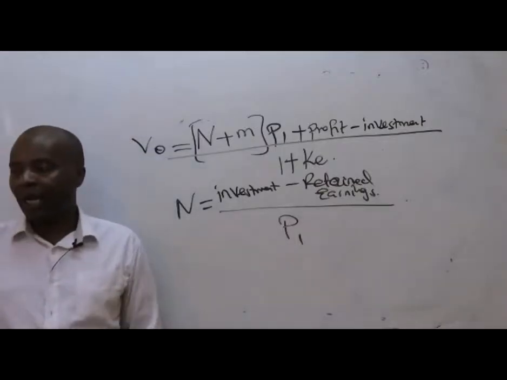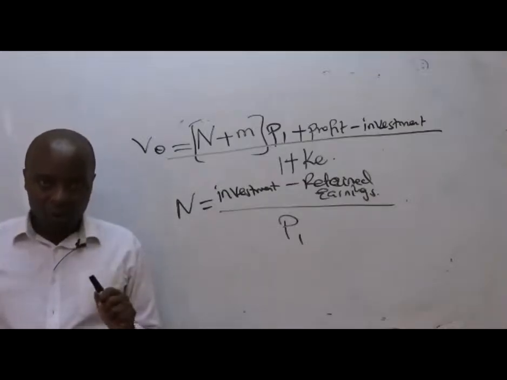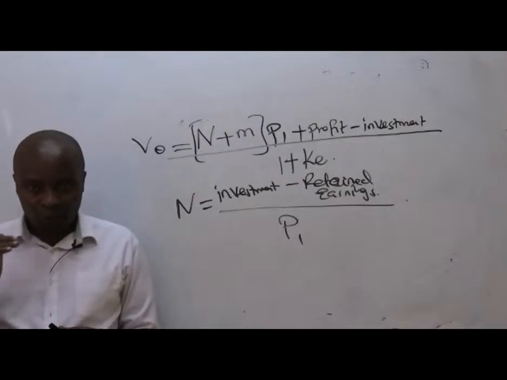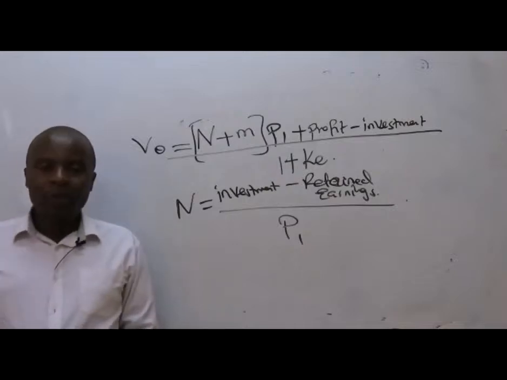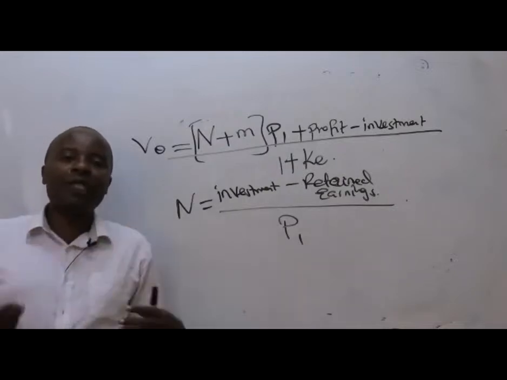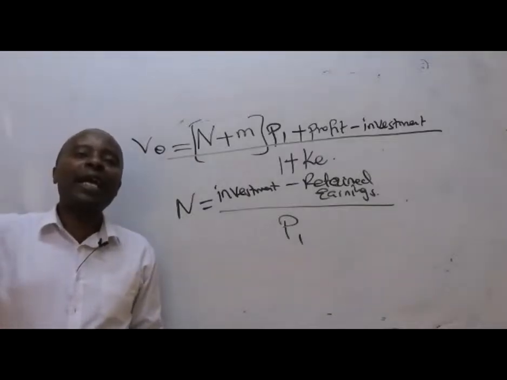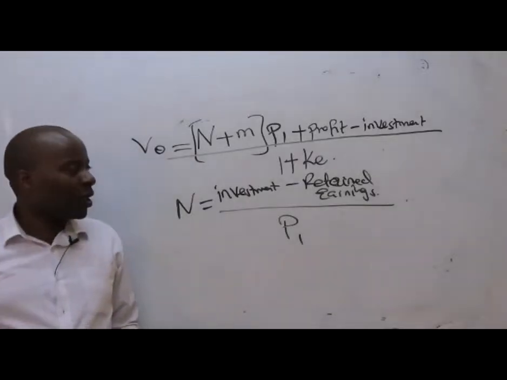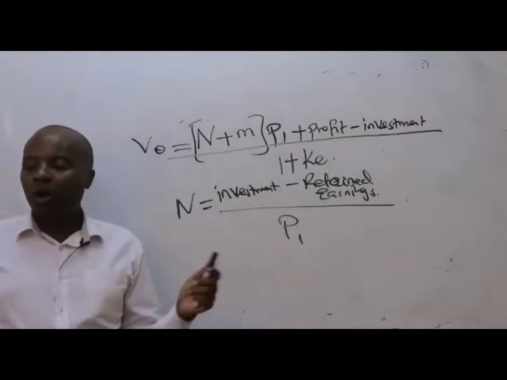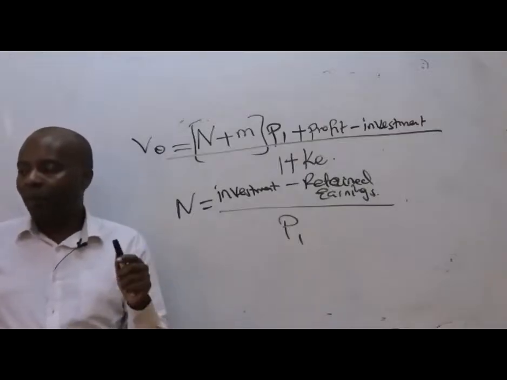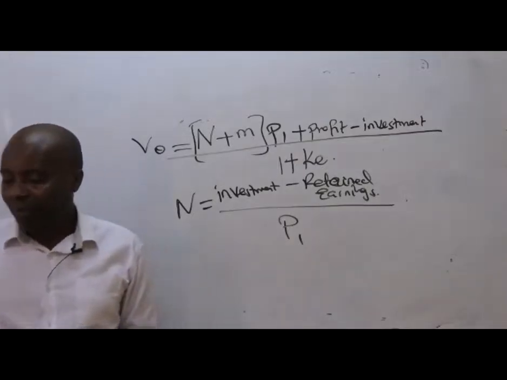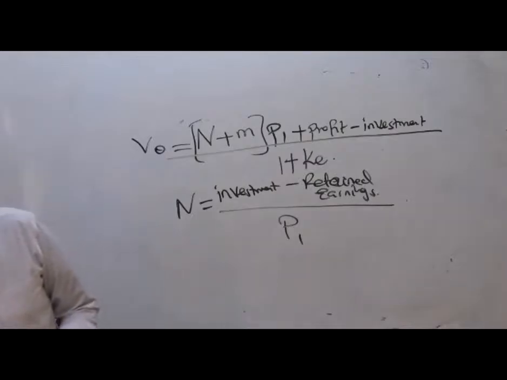So for N, you look at what investments you want to do, and subtract the component of this investment that will be financed through the retained earnings, all over P1.